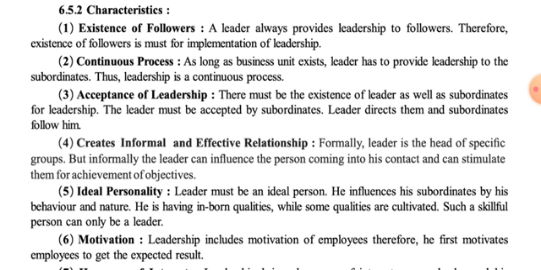The leader must be accepted by subordinates, and the leader directs them and subordinates follow him. In any situation, the leader will guide them and will give them instructions and orders, and the subordinates will follow these leaders.